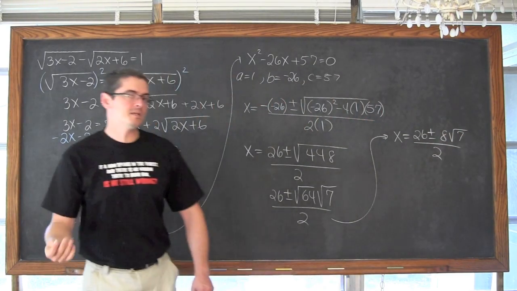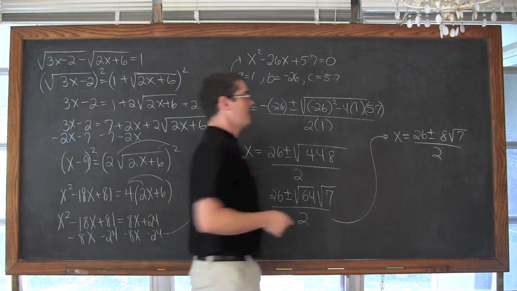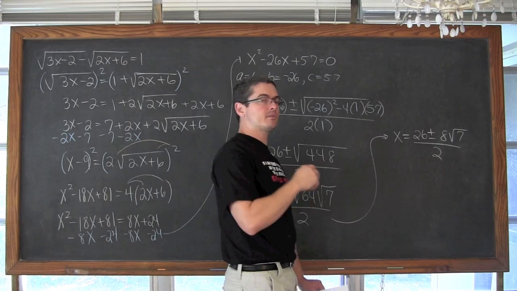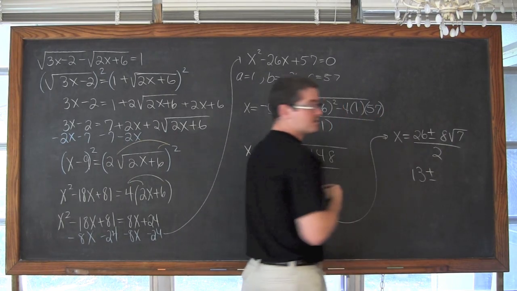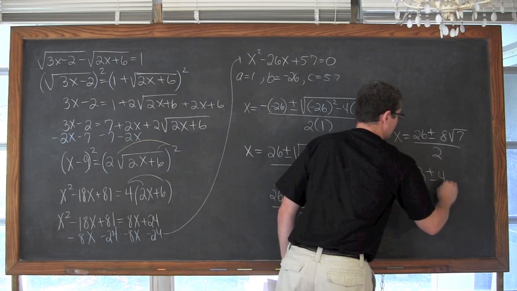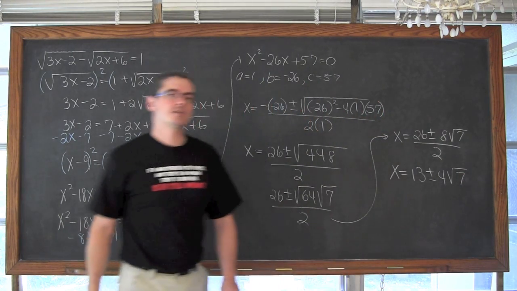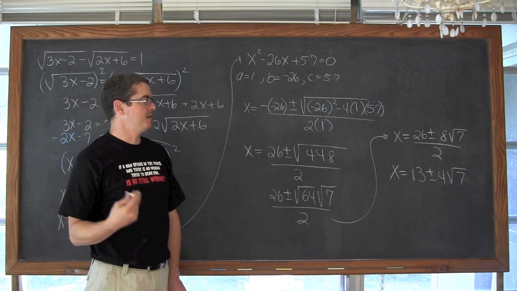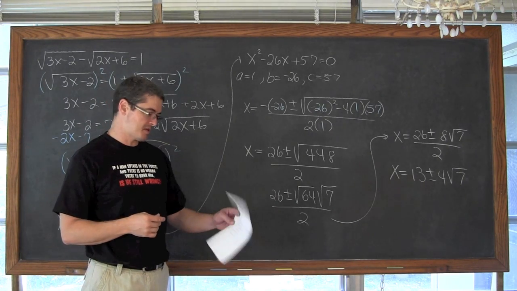And of course, 26 and 8 are both even, so you can cancel out with that 2 in the denominator. 26 divided by 2 is equal to 13. Plus or minus 8 divided by 2 is equal to 4 square root of 7. So there are our two possible answers in exact format, 13 plus 4 square root of 7 and 13 minus 4 square root of 7.